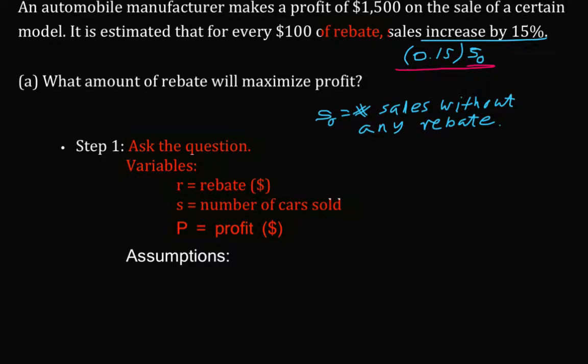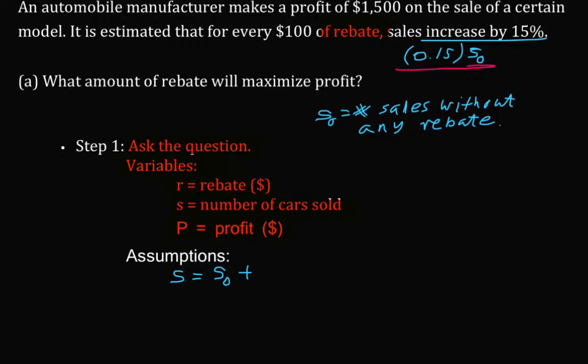Now go to the assumption. S is the total number of cars sold. How do we find this? We have S naught, the number of cars without rebate. Then it increased 0.15 multiplied by S naught for the $100 of rebate.